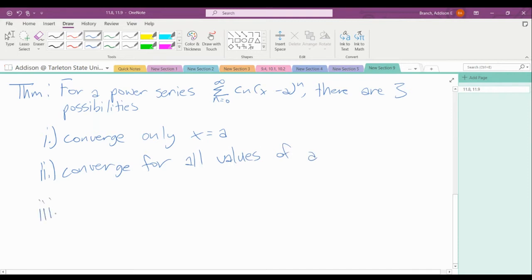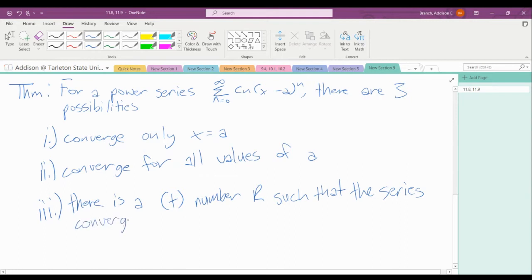And lastly, the last scenario is where there is a positive number r such that the series converges if the absolute value of x minus a is less than r, and diverges if the absolute value of x minus a is greater than r.